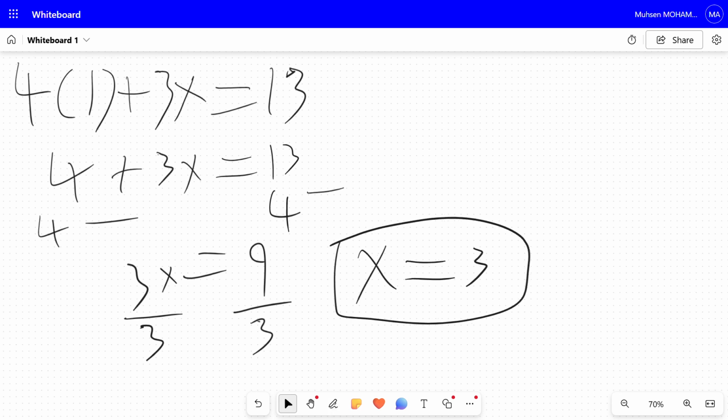Now I found both variables, found their values, which is 3 and 1.